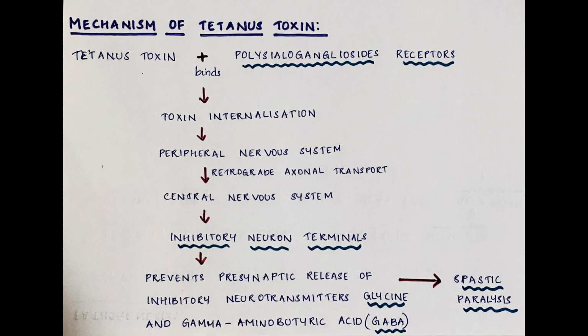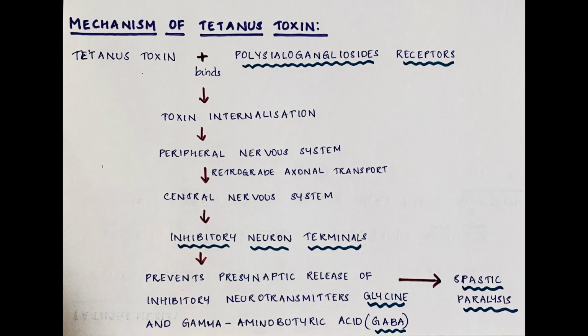So how is the tetanus toxin able to do this? The tetanus toxin inactivates proteins called SNARE proteins. Okay. So the SNARE proteins are involved in regulating the release of inhibitory neurotransmitters such as gamma aminobutyric acid. So here the tetanus toxin is inactivating the SNARE proteins, and thereby it will prevent the release of inhibitory neurotransmitters like glycine and gamma aminobutyric acid.